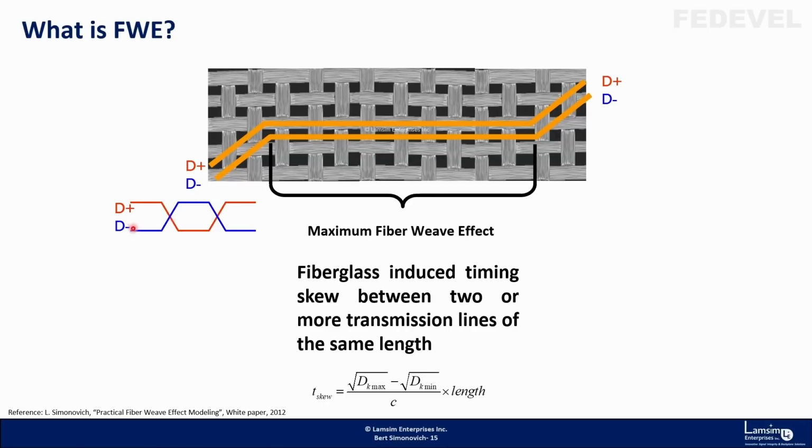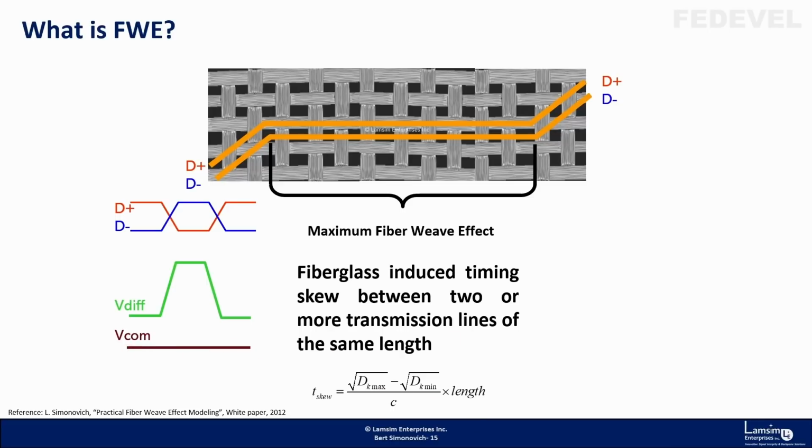If we have a signal, the plus and minus, if they're perfectly lined up when they start off at the transmitter, the differential signal is twice the height, and there's no conversion between differential and common signal. So the common signal is flat.